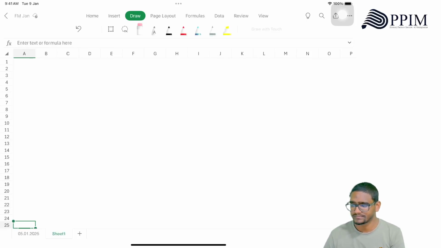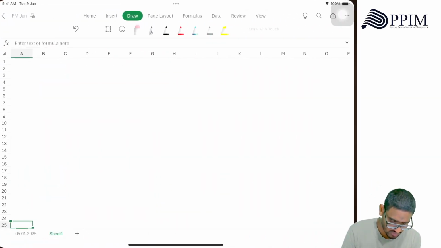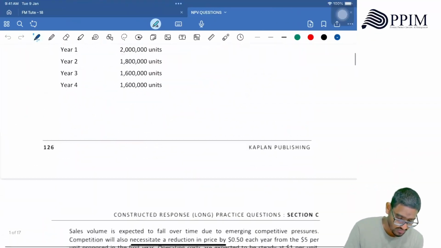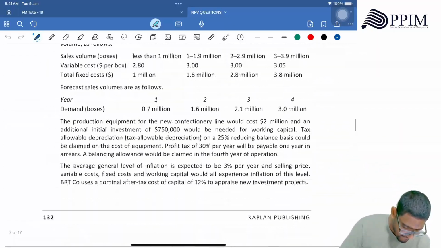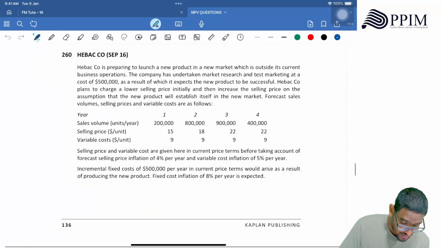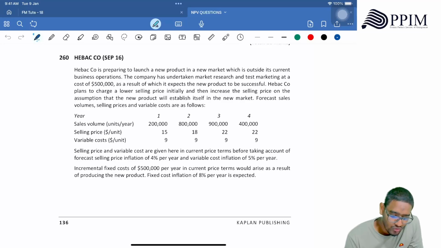Shall we go through the question? So it says, HEBAC is preparing to launch a new product in a new market, which is outside its current business operations.